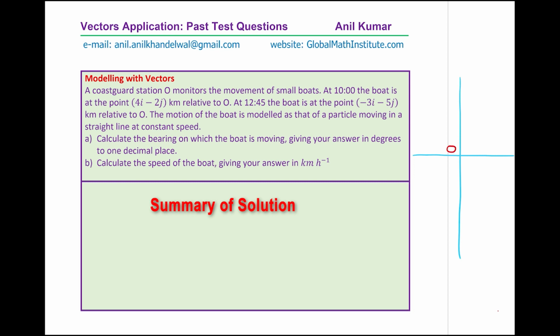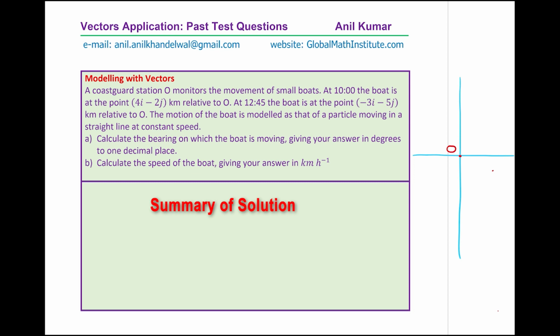So that's the point O for us at the origin. At 10, the boat is at the point 4i minus 2j. That means somewhere here, right? And at 12:45, the boat is at the point minus 3i minus 5j, so somewhere in quadrant 3.